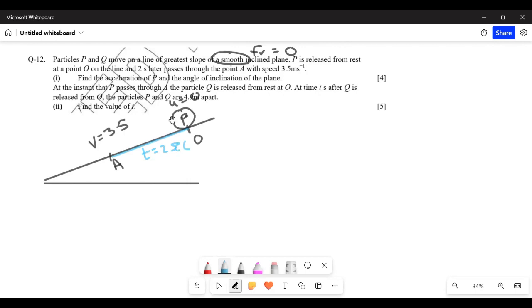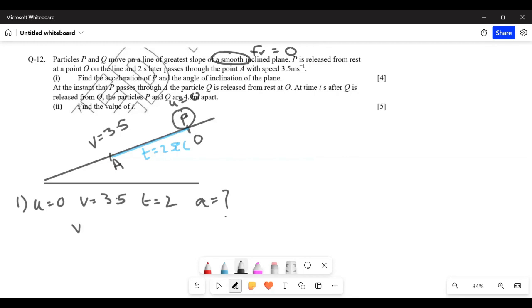Find the acceleration of the particle P. So we have enough information to find the acceleration. Let's do that. U is 0. V is 3.5. T is 2 seconds. Which equation of motion are we using here to find A? V is equal to U plus AT.